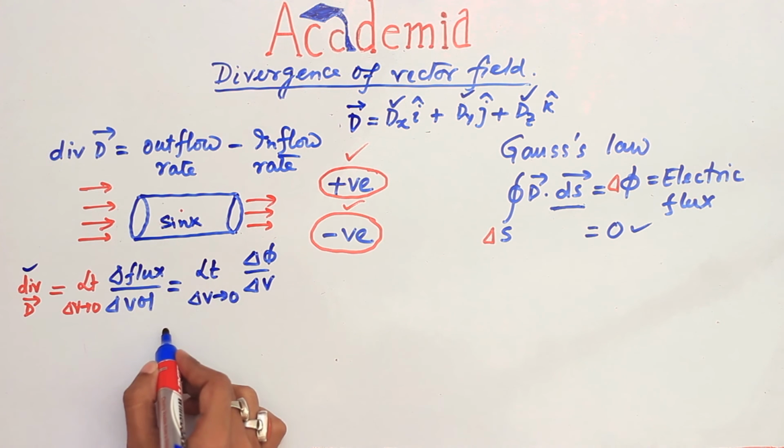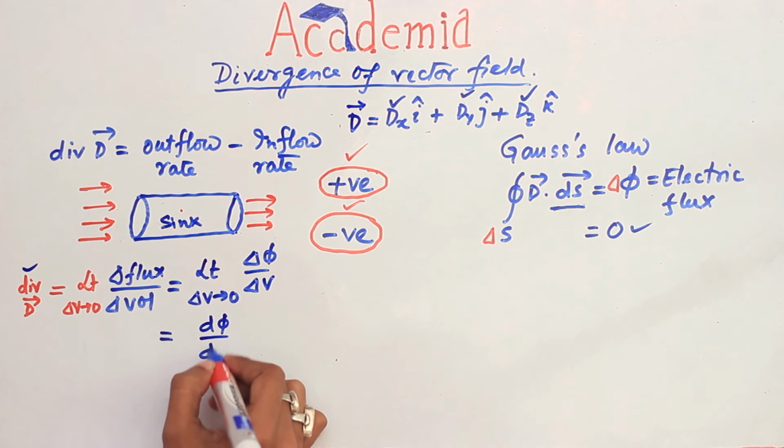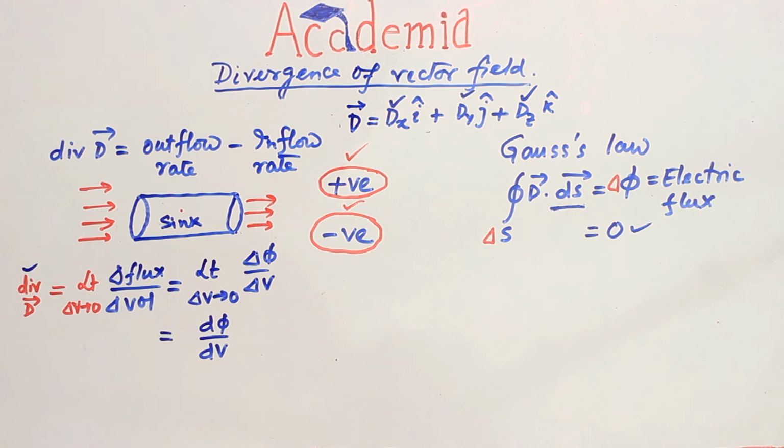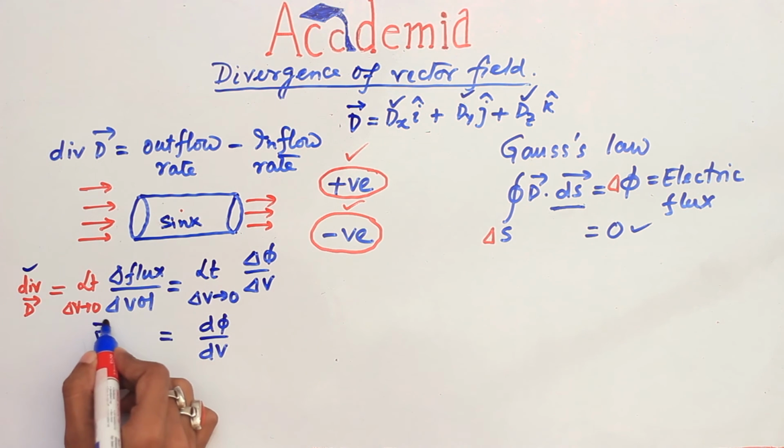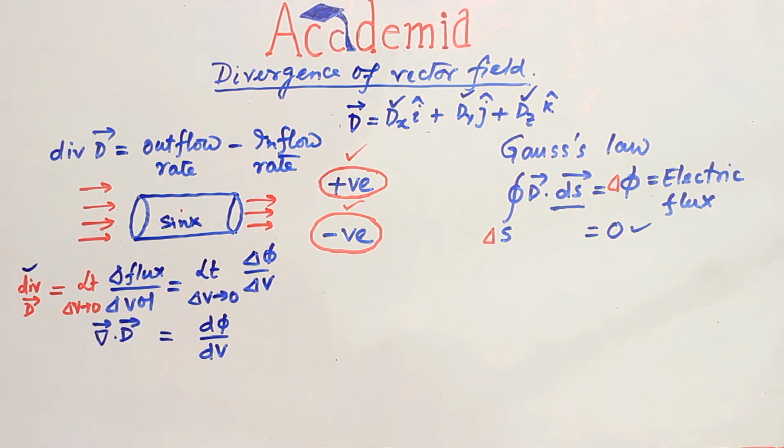Now this can be written as d phi by dv by the definition of derivative. Del dot D equals d phi by dv.